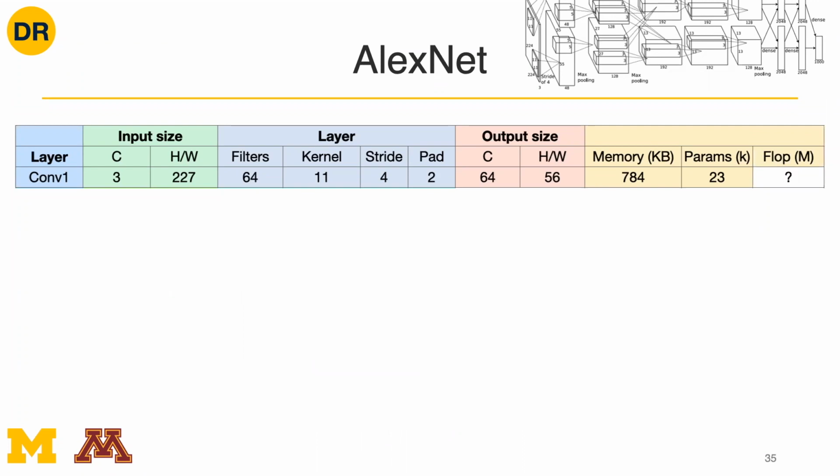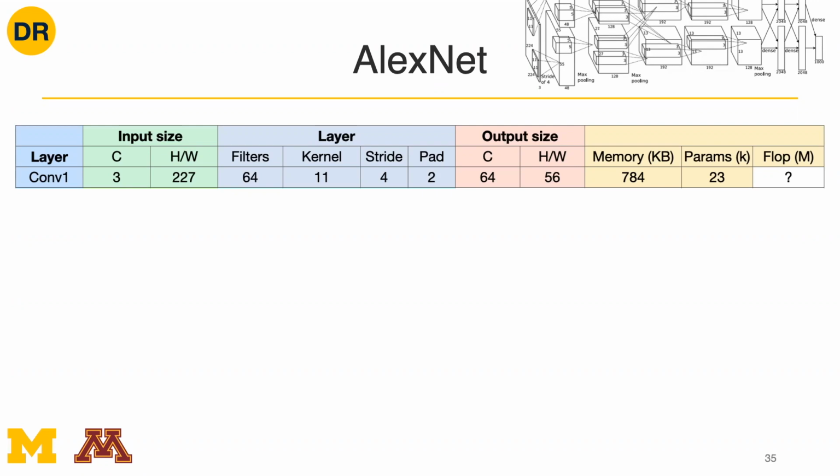Okay, so how many flops will be used for this particular convolutional layer operation? We discussed that as well in the previous lecture. What do you need to think about when you're computing the output?